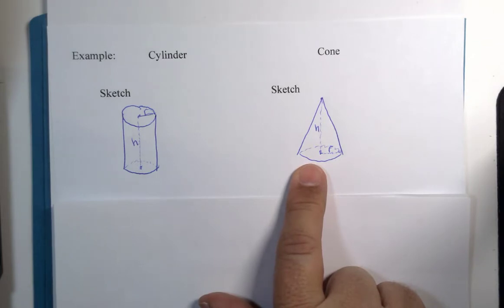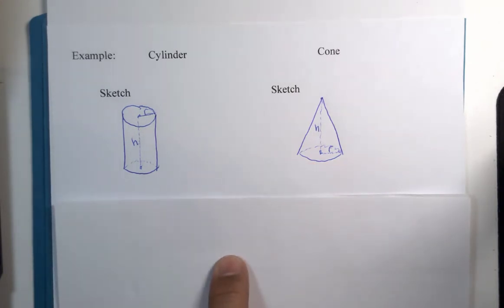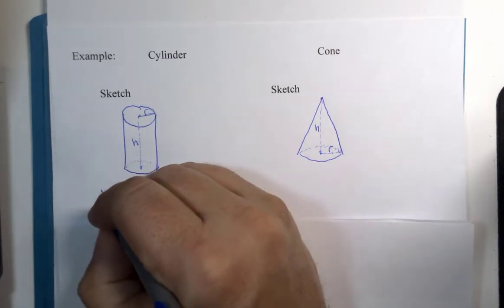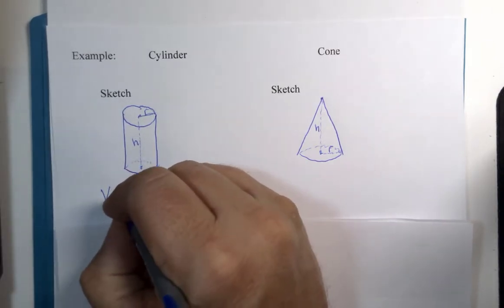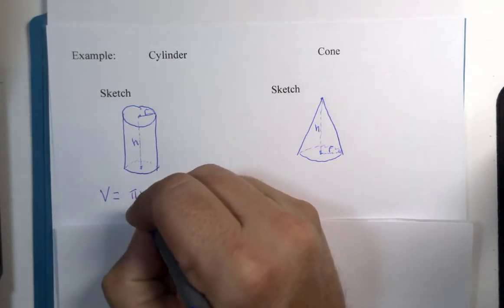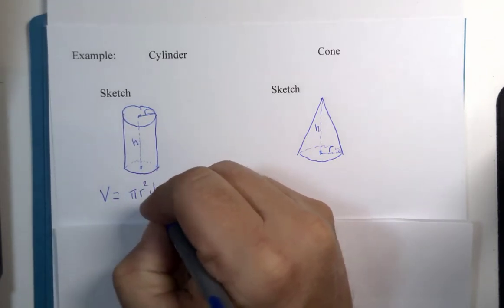That's because I am less consistent than I could be with my hand drawings. But do you recall how to measure the volume of these two shapes? So the volume of a cylinder would be the area of that circular base multiplied by the height.